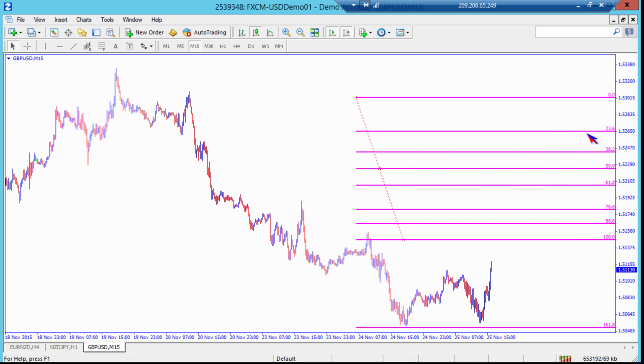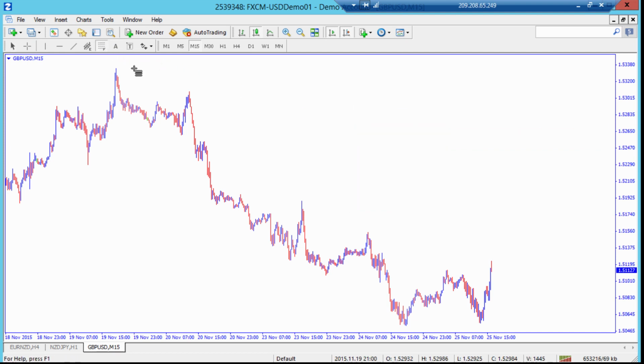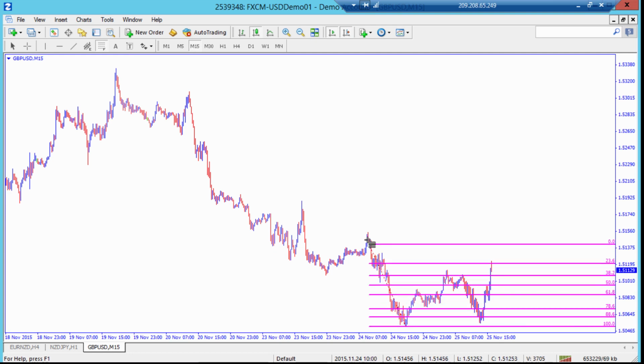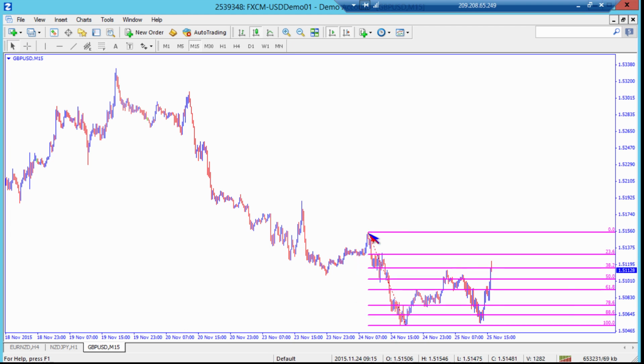And this is standard levels that you want to put in with Fibonacci to use. So if you were to go and take the Fibonacci tool, drop it down, hold it, and draw it up. All right, that's one way to do it.